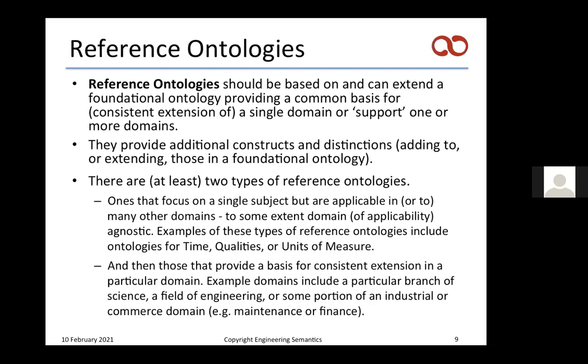And the notion of qualities, and then units of measure. And I'm sure there's more that I haven't listed. And then there are those that provide a basis for consistent extension in a particular domain. So for instance, if you're in biology, physics or engineering, you can have reference ontologies that cover many of the constructs or notions used in those domains. You can get even finer, down to things like maintenance or finance. So that's the reference ontologies.